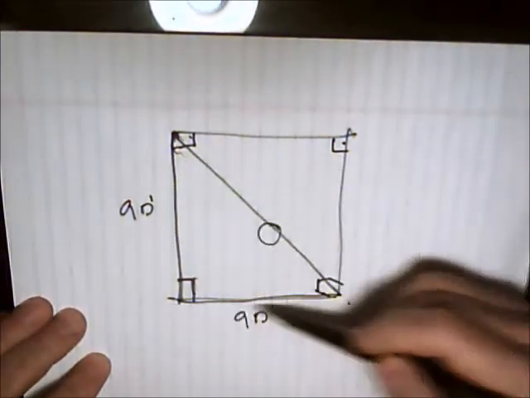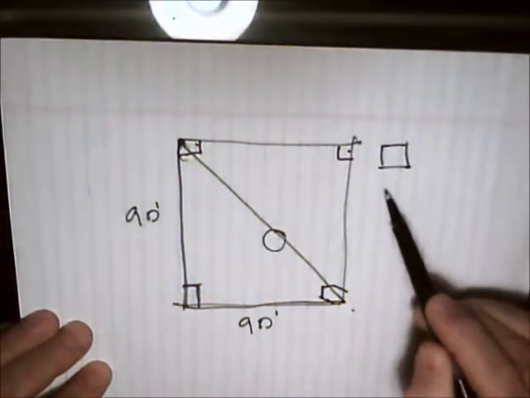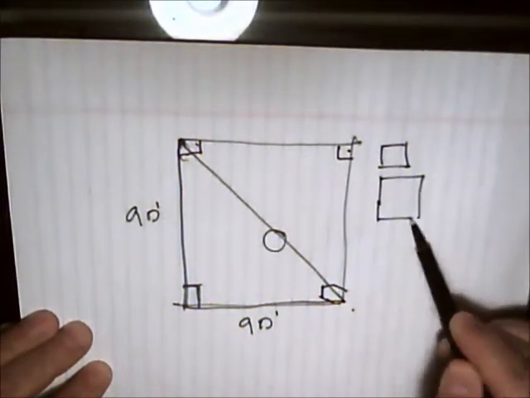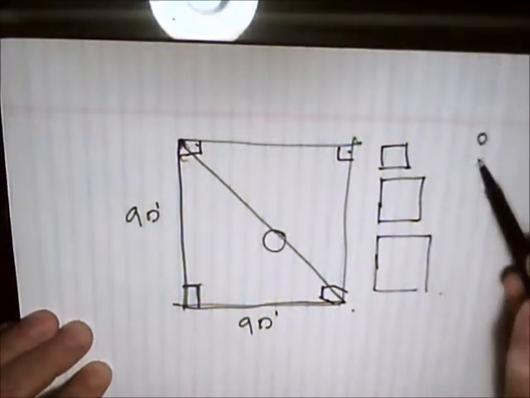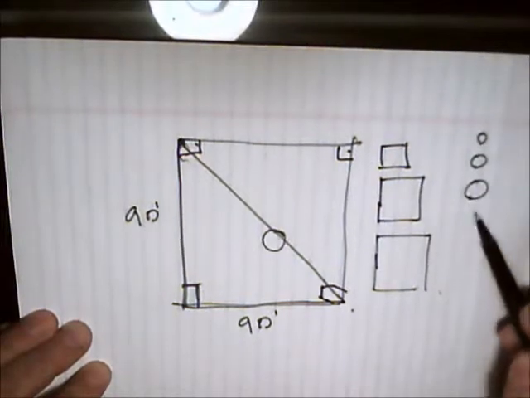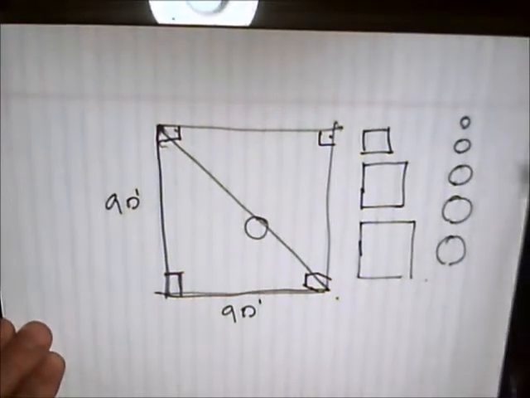But because this is a square, all squares are what they call similar. Just as all circles, regardless of diameter, are similar. What does this mean when I say all squares are similar?